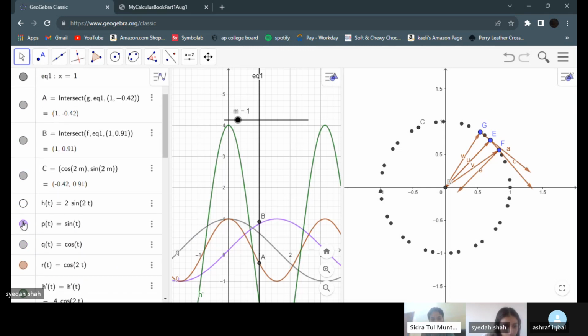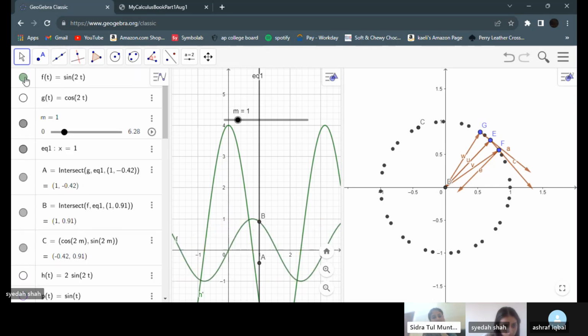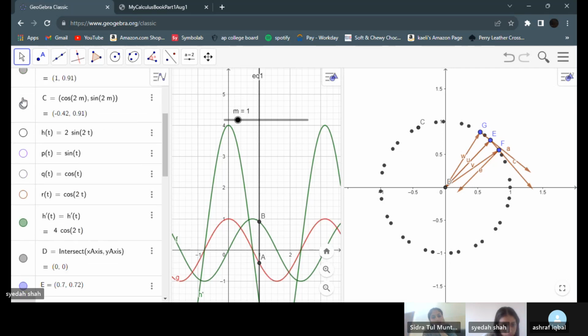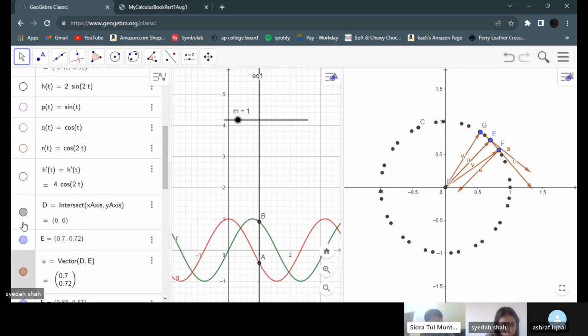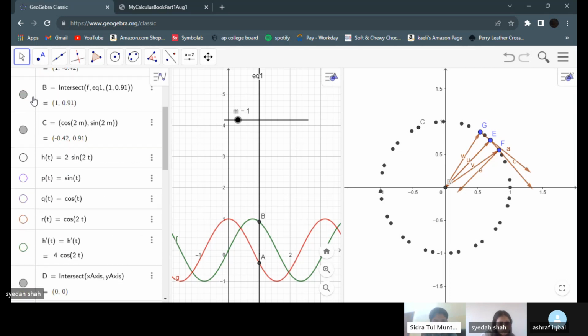Here we have the first derivative and the second derivative also of cos of t.